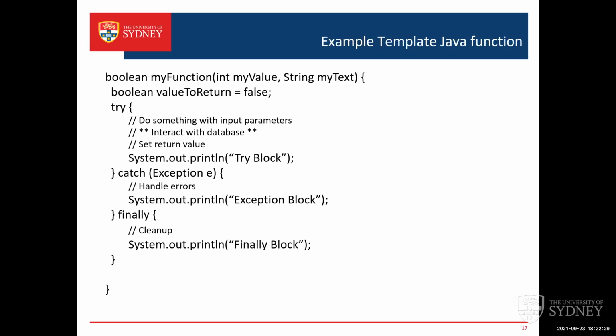It does not matter which block you are coming from, either try or catch, your program will always go to the finally block. Let's say in the try block you have 5 lines, and in the third line you have some issue. That will go to the catch block, handle the error, but again it will go to the finally block.